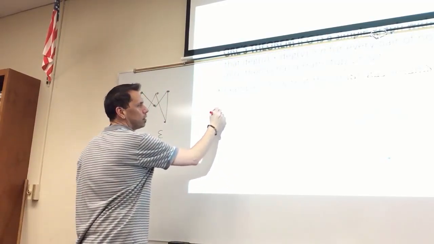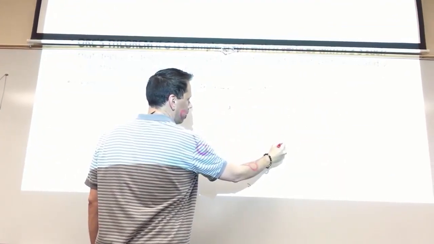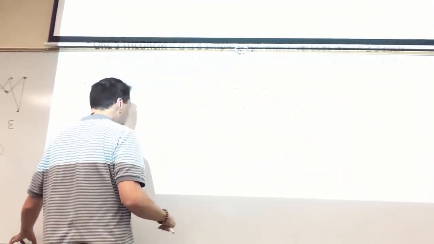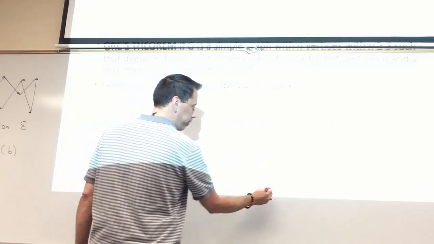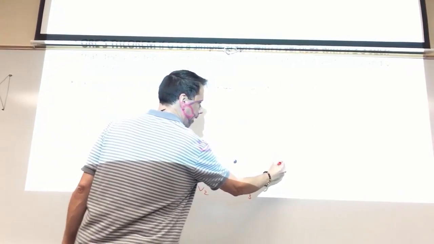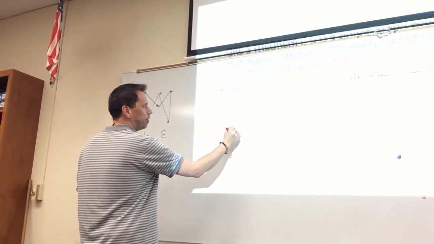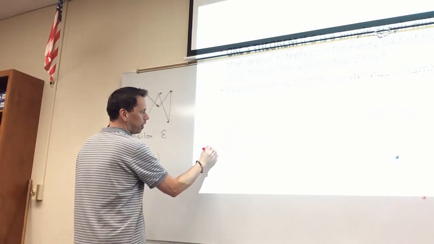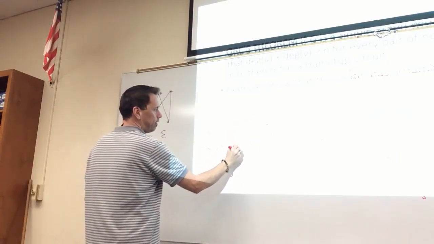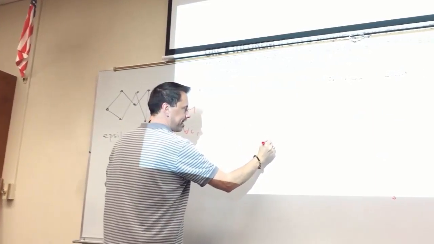Let's call this vertex U, and then call these V1, V2, V3, V4. For all i from 1 to 4, the degree of U plus the degree of V sub i is exactly 5.